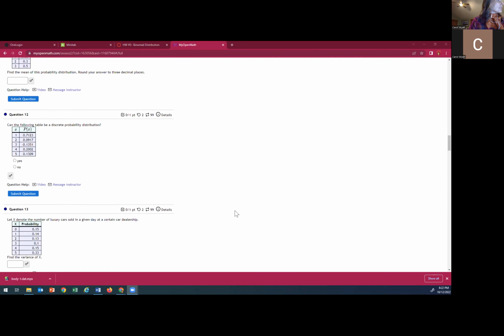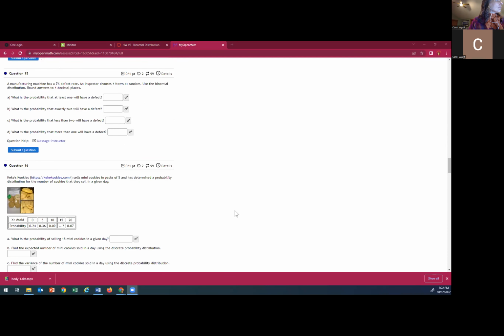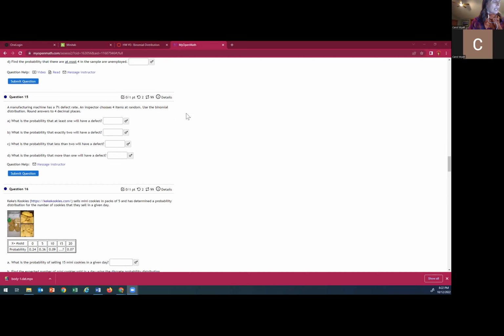Looking down at 15 and 16. Again, this is a binomial distribution where the number to choose, so n, is 4, and the probability of being defective is 0.07. So what's the probability at least 1 is defective? Well, we know that that is 1 minus the probability of none defective.